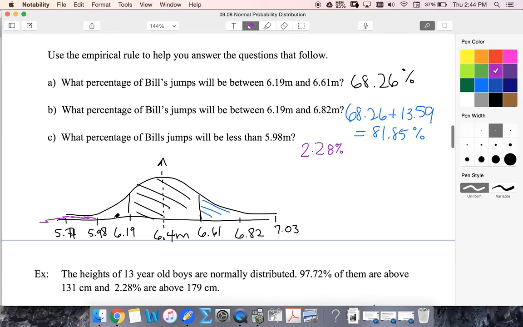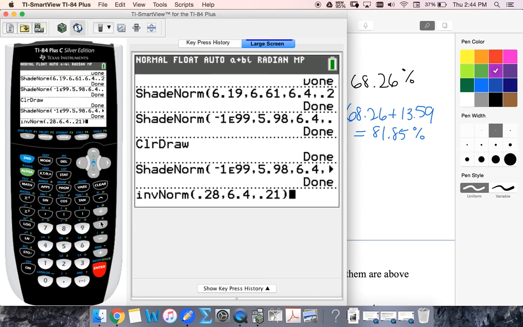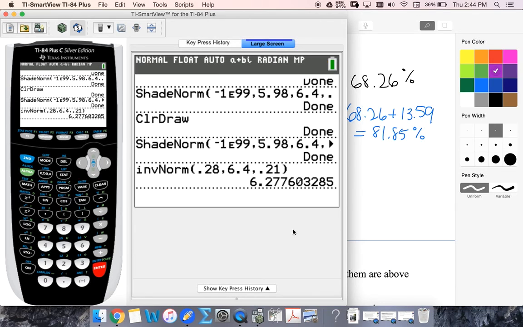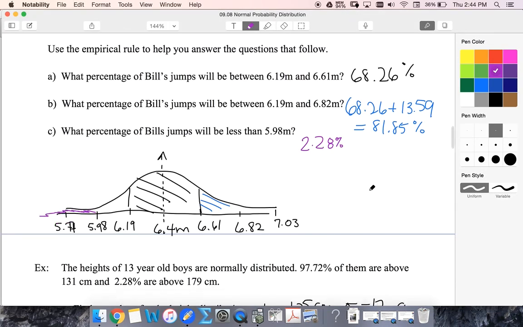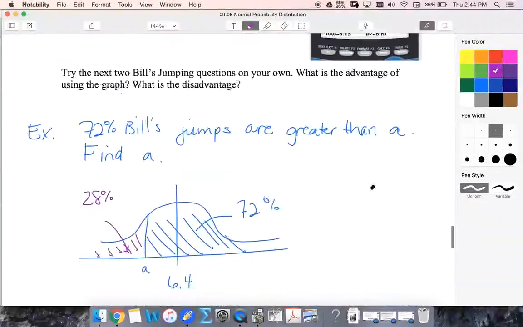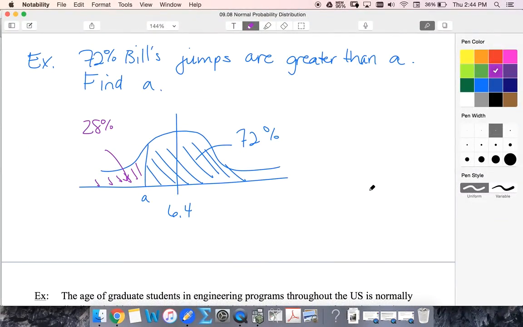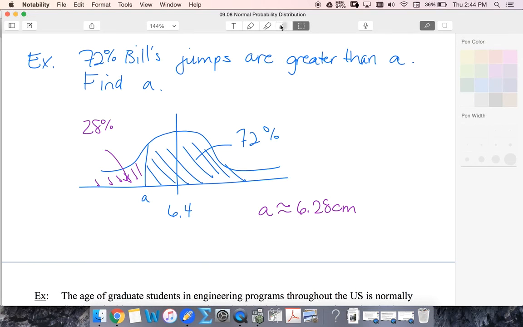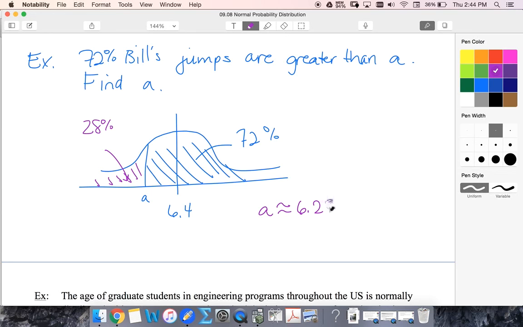So it's going to be somewhere between 6.19 and 5.98. Right? And we get 6.28. So that makes sense for this value. So A is 6.28, not centimeters, meters. He's jumping more than centimeters. And that's using inverse norm.